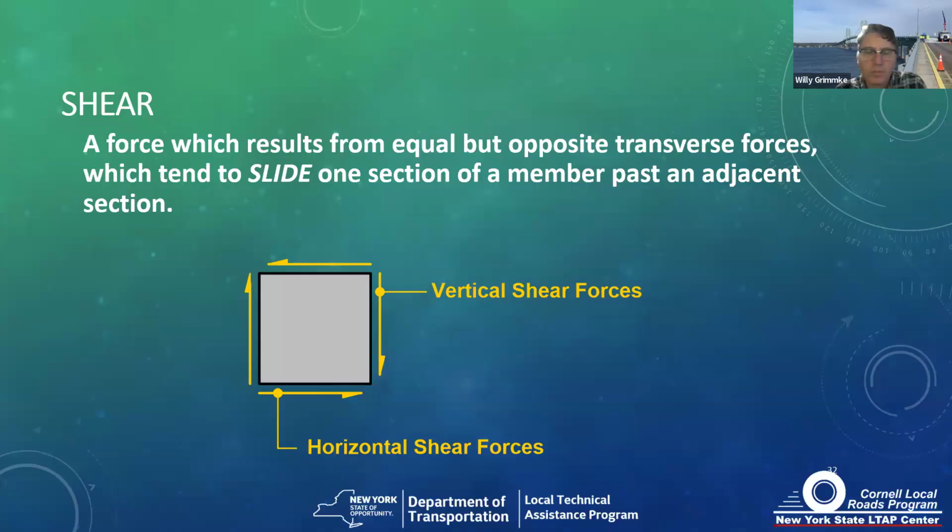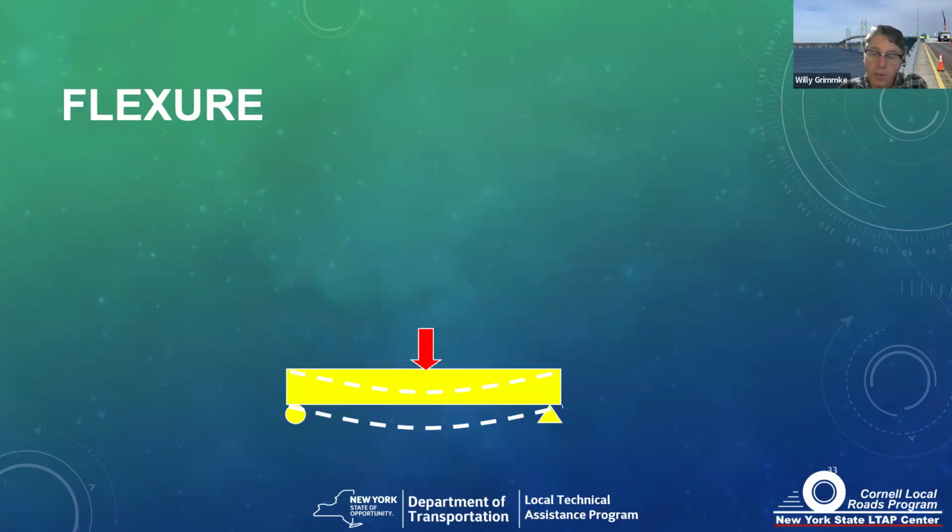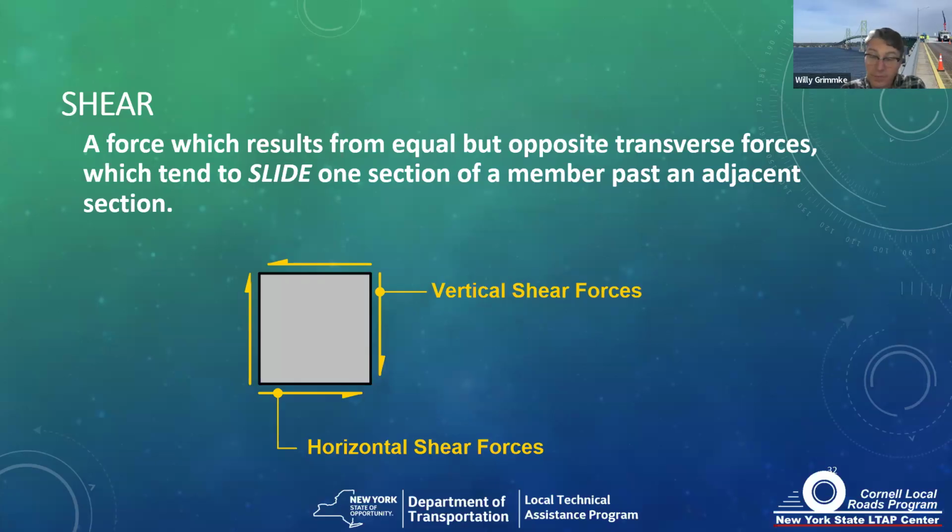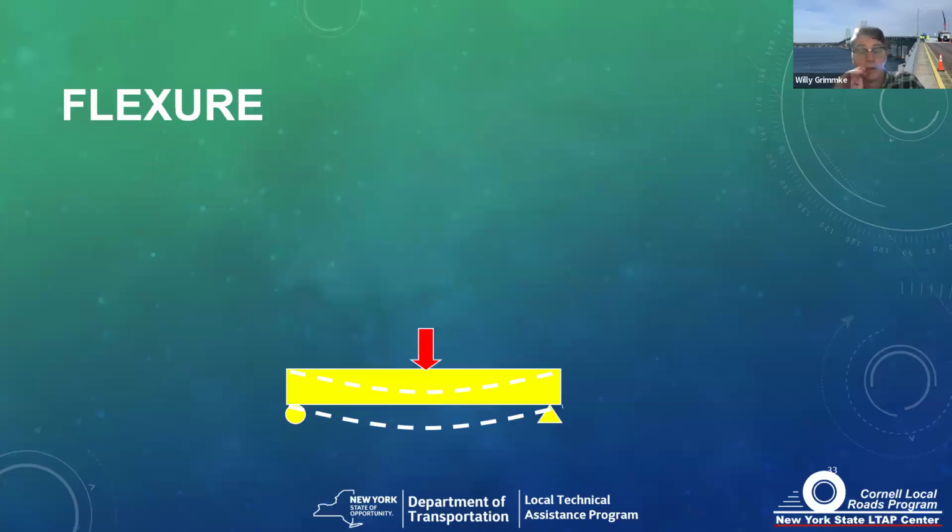And here's a shear diagram with horizontal and vertical shear forces. Now, where we tend to see shear is right near bearings, because we have the load of the bridge on the superstructure element pushing down, and we have the support at the bearing essentially pushing up. So that tends to be a high shear area on our bridge.